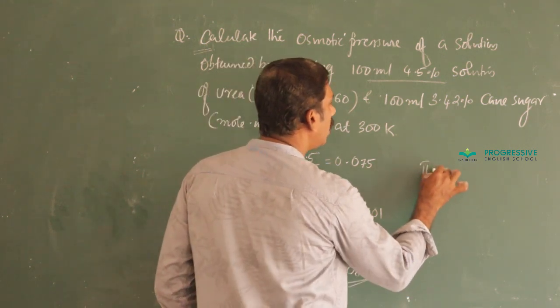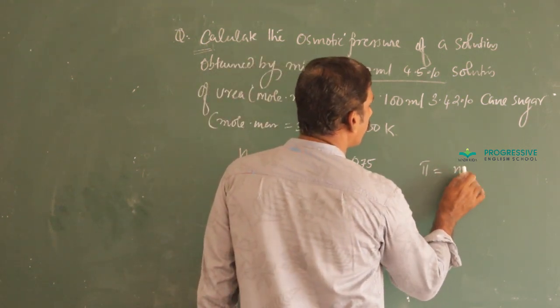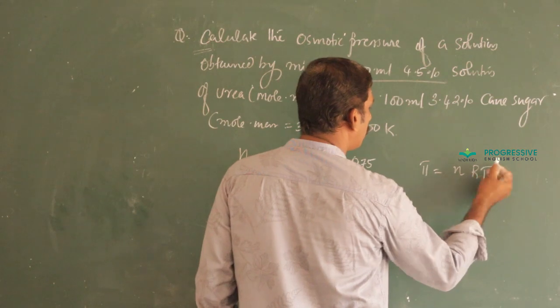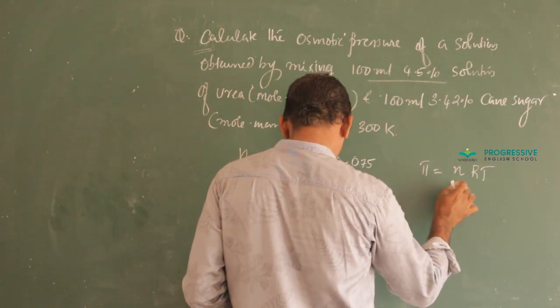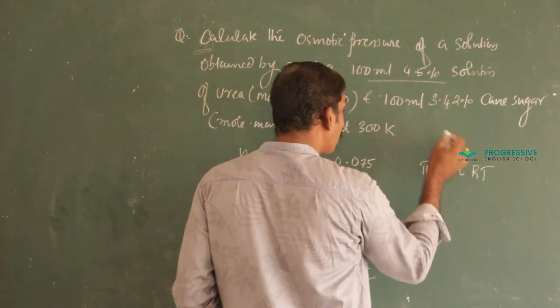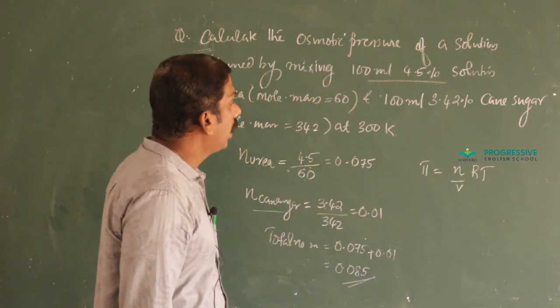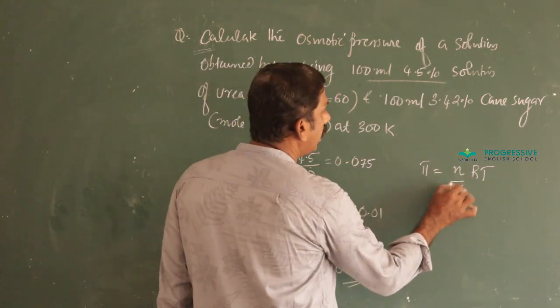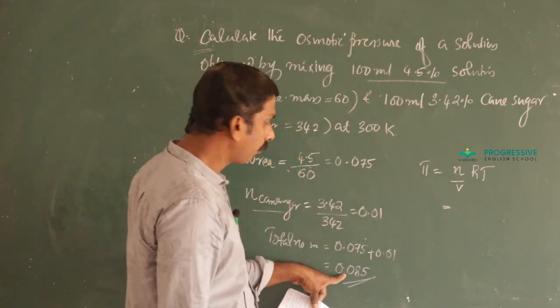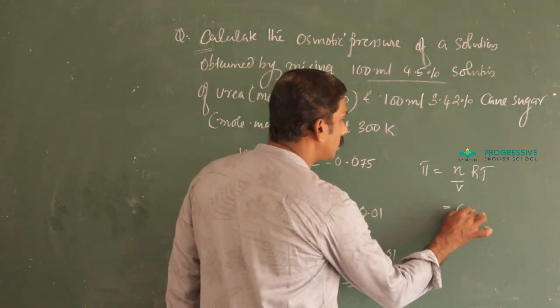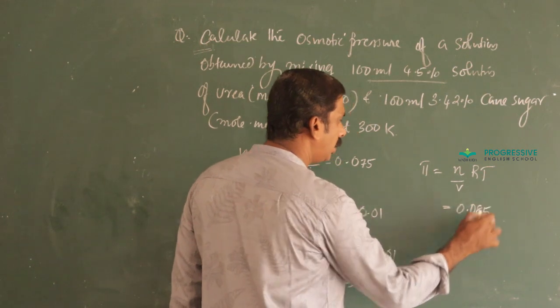Then pi equal to nRT by V. Here n means total number of moles, which is 0.085.